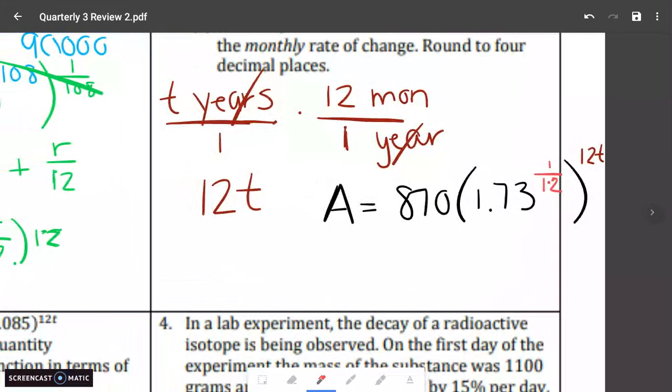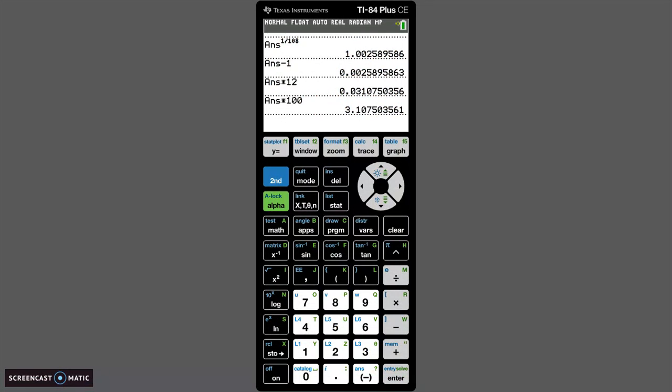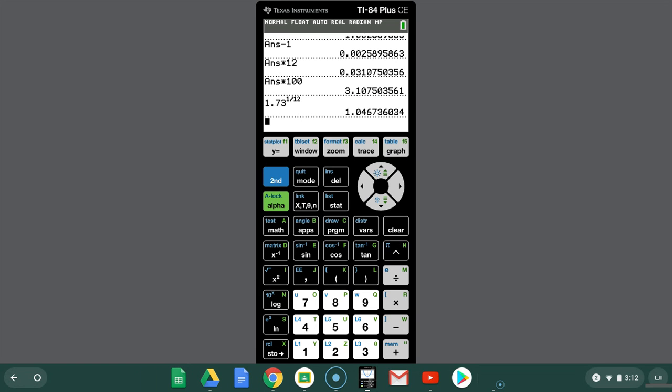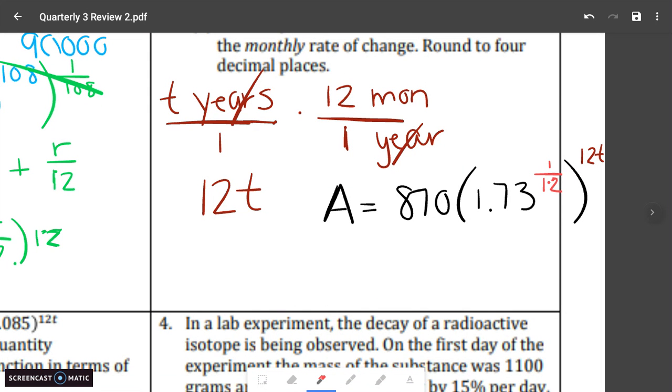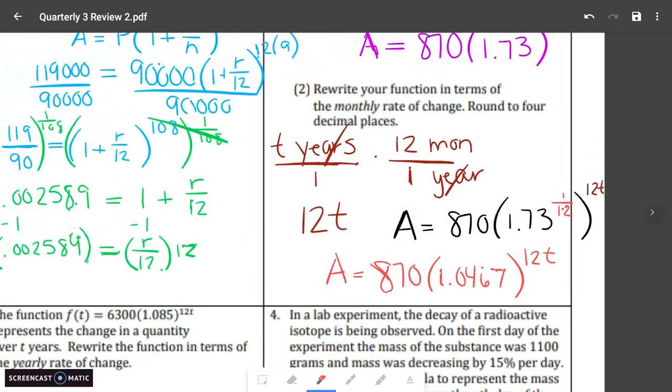So this doesn't affect the 870 at all, remember. We're just raising that inside piece. So 1.73 raised to the 1 divided by 12. 4 decimal places, we're looking at 0.0467. And that would be in months.